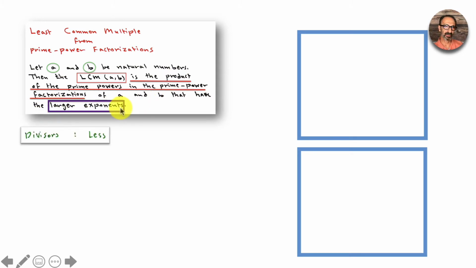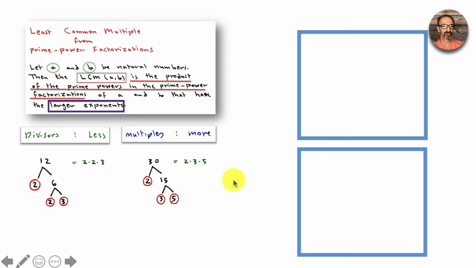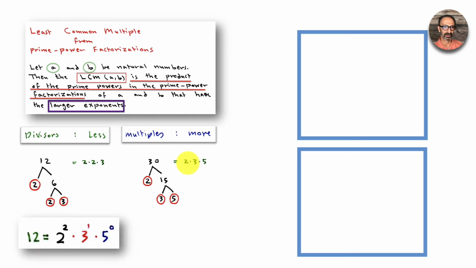What did we say about divisors? Go for less. And what do we say about multiples? Go for more. I think that should help from now on. Going back to 12 and 30, and I want to see the prime power product of each with colors clearly.